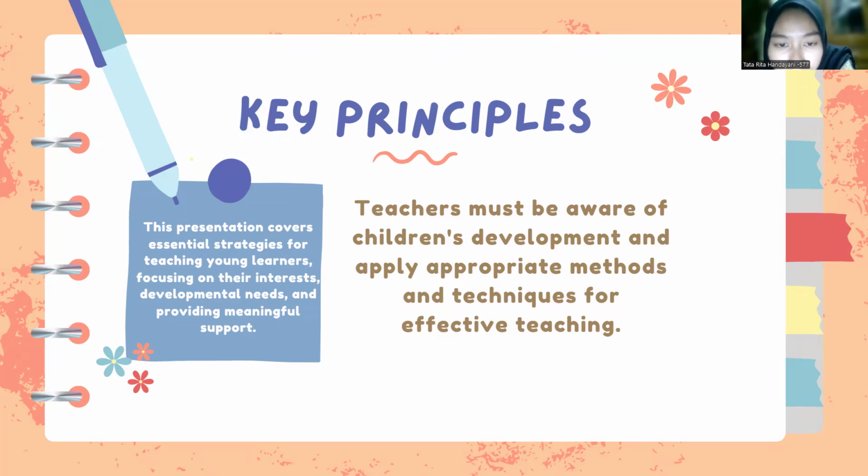Their cognitive, emotional, and social development stage directly impacts how they process information, interact with peers, and respond to different teaching approaches. When we align our teaching methods with their developmental stage, we see remarkable improvements in student engagement and participation, learning retention and comprehension, classroom behavior and cooperation, and overall academic progress.